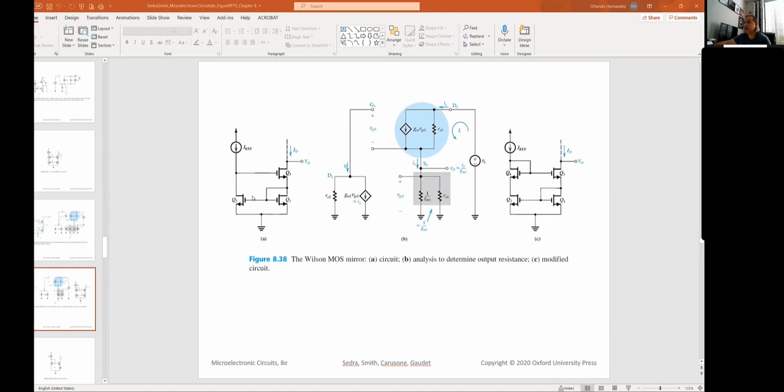So you have here a couple of versions, but you can go through the analysis the same way that we have done, and you'll find that the output resistance again is increased. In this case, the output resistance is GM of transistor 3 times RO of transistor 3 times RO of transistor 2. So those are just some additional comments as we end the chapter. That's the end of the chapter.